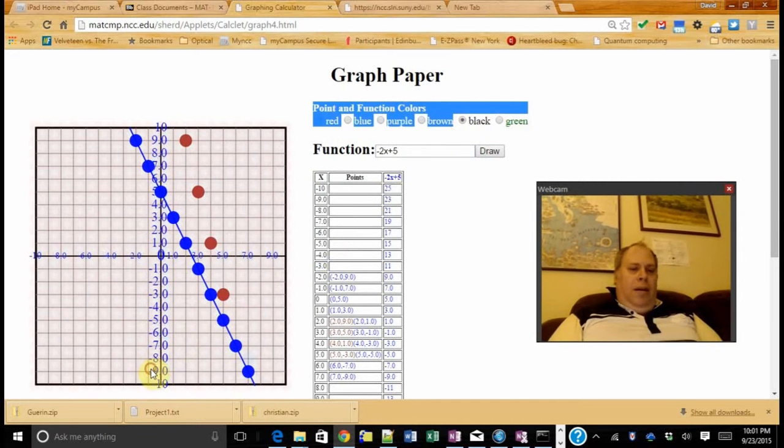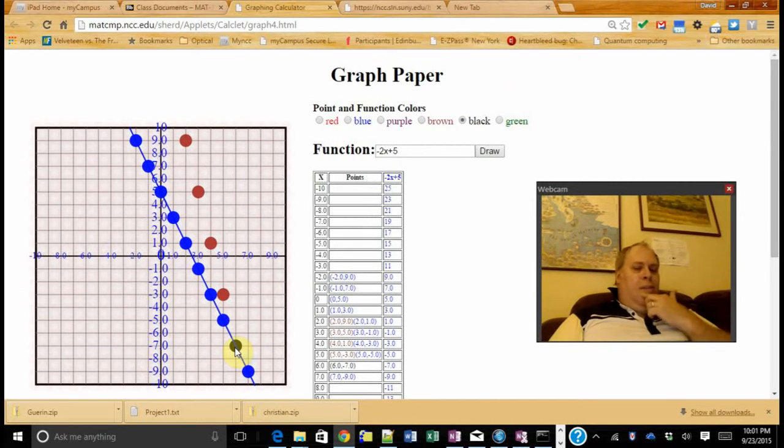That's the point of intersection, 6, negative 7. That's where they both meet.